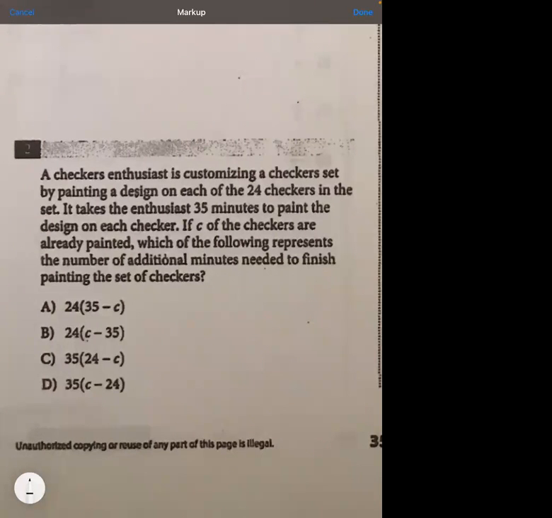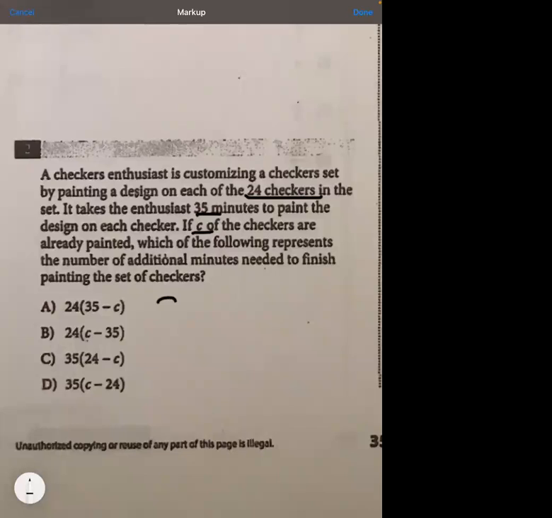we were given the variables 24, 35, and C. The first thing we should do is label what these numbers and unknown numbers mean.